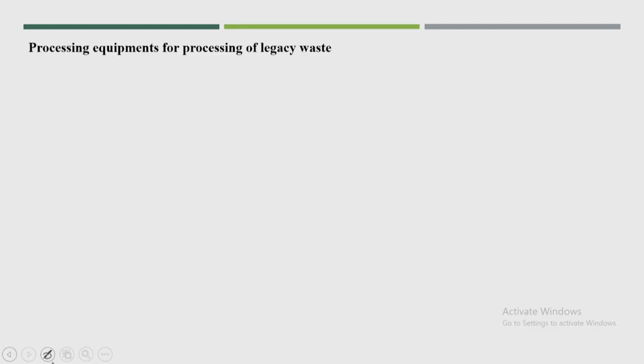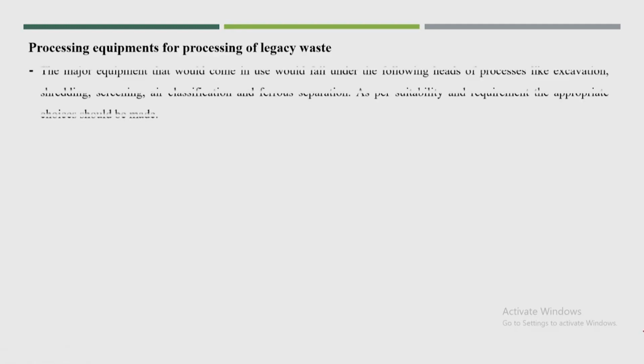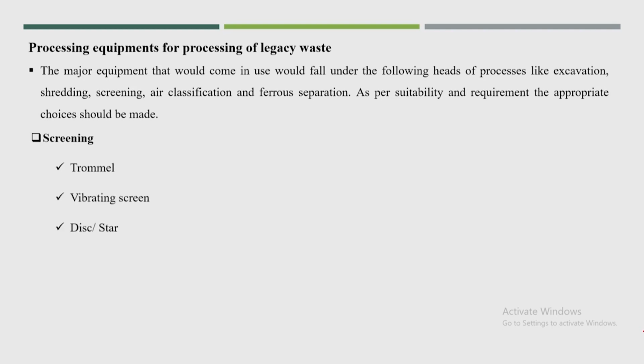The major equipment used for processing legacy waste falls under the following heads of processing: excavation, shredding, screening, air classification and ferrous separation. For screening you will require a trommel. Remember that I talked about trommel segregation in the composting process.